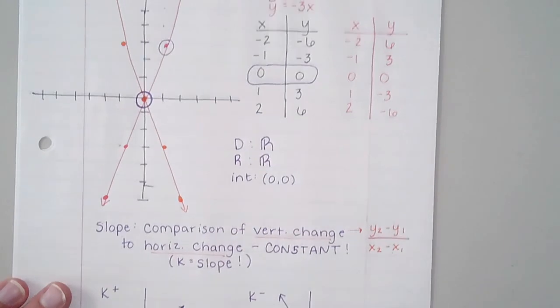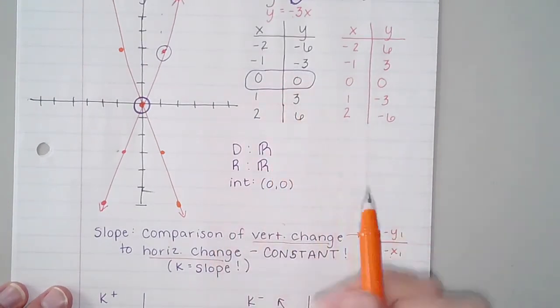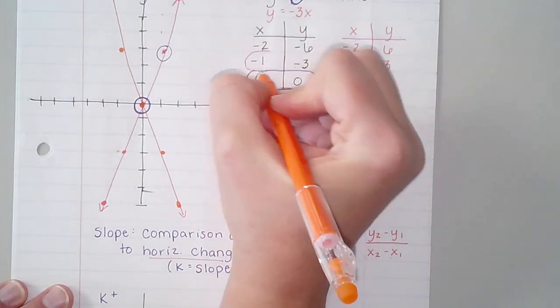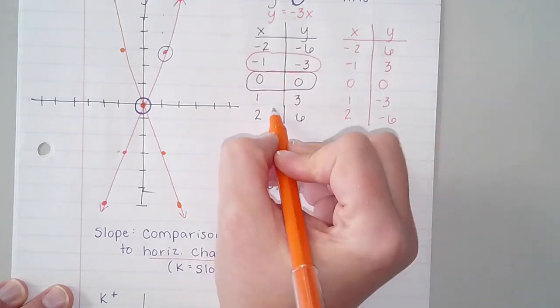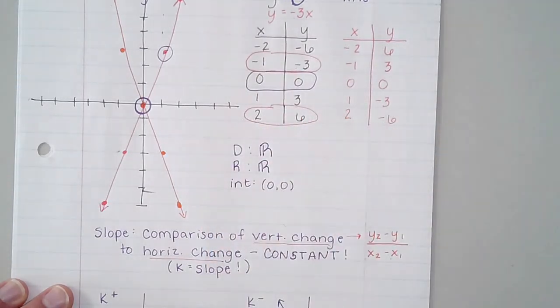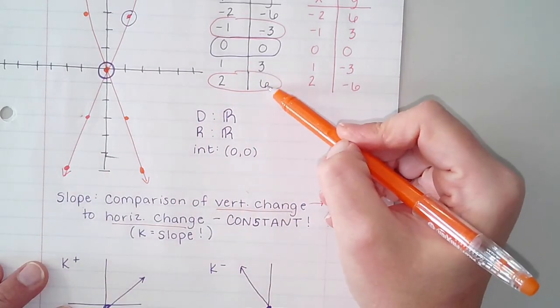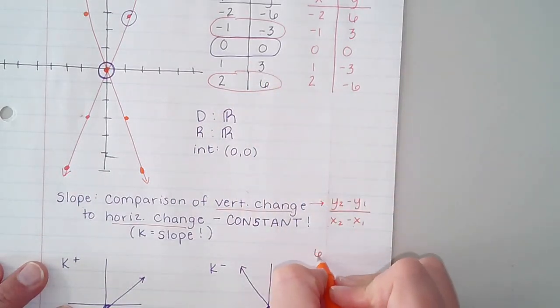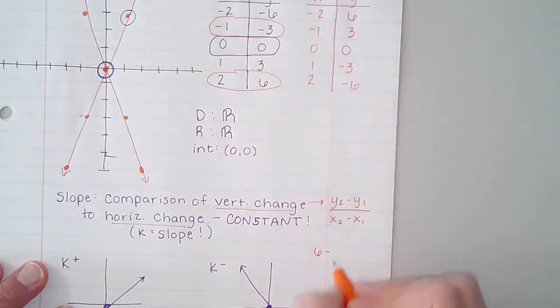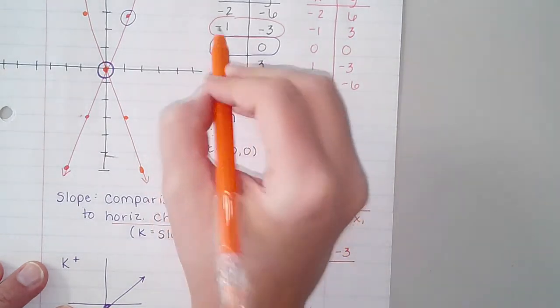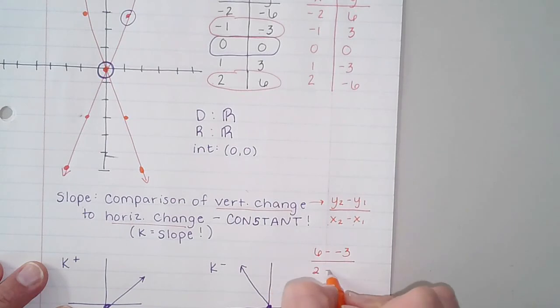So if I wanted to find the slope using these values back here, I could pick two of these coordinates, let's say -1, -3, and 2, 6. So I could go y2, which is 6, minus y1, which is -3, over 2 minus -1. Now, anytime I'm doing minus and negative, that's really going to become a plus, right?